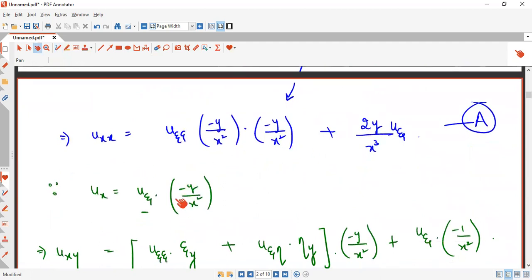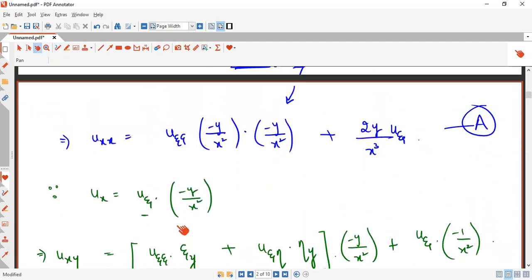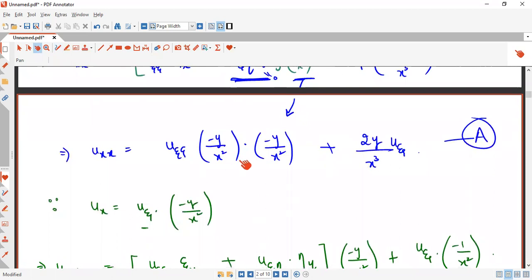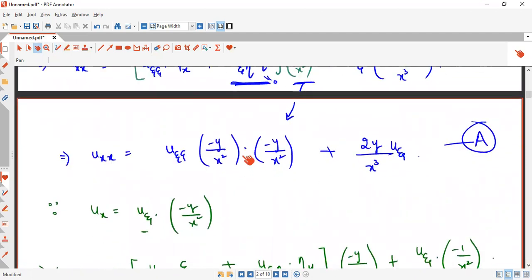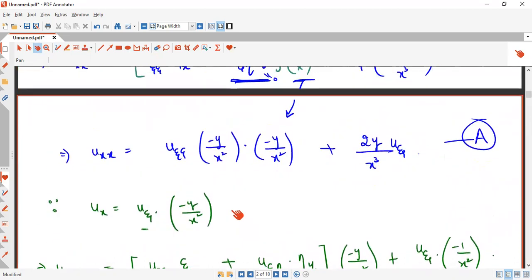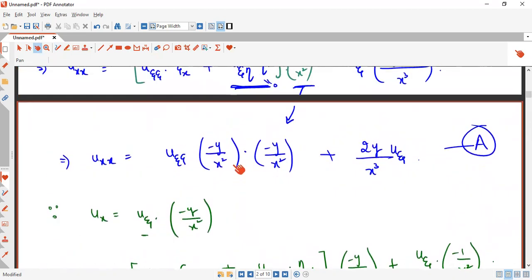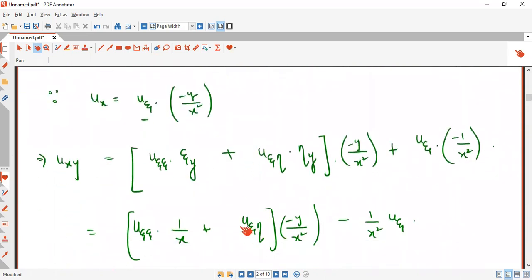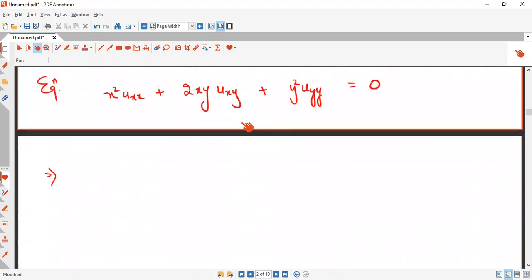Here x square you multiply it, left out with y square upon x whole times. So it will become y square upon x square u xi xi.